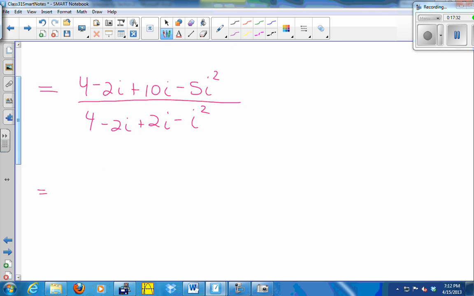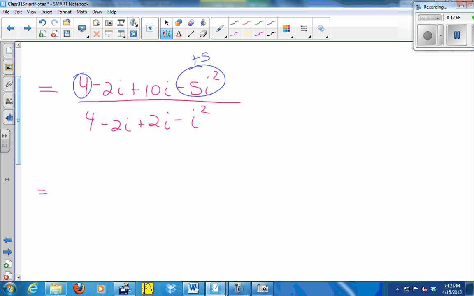All right, so now I simplify. My like terms are my 4 and my plus 5, right? Because i squared is really -1. So instead of subtracting 5i squared, that's the same thing as plus 5. The i squared changes the sign.